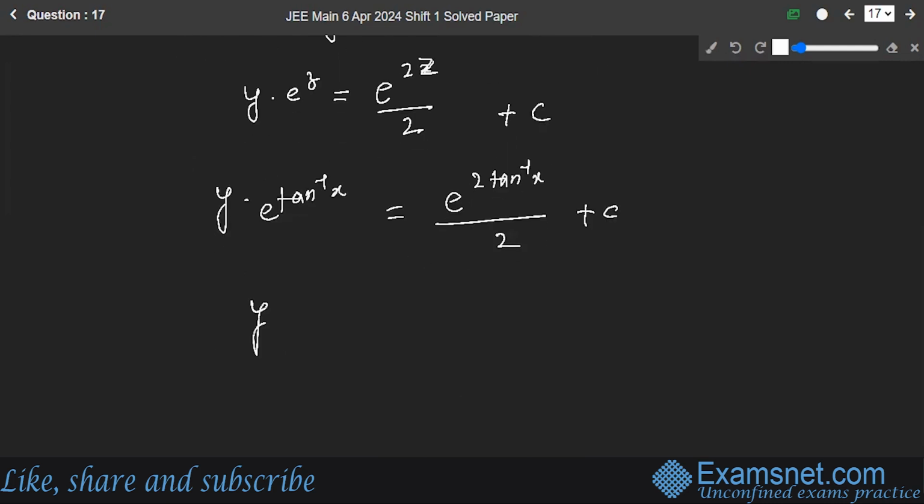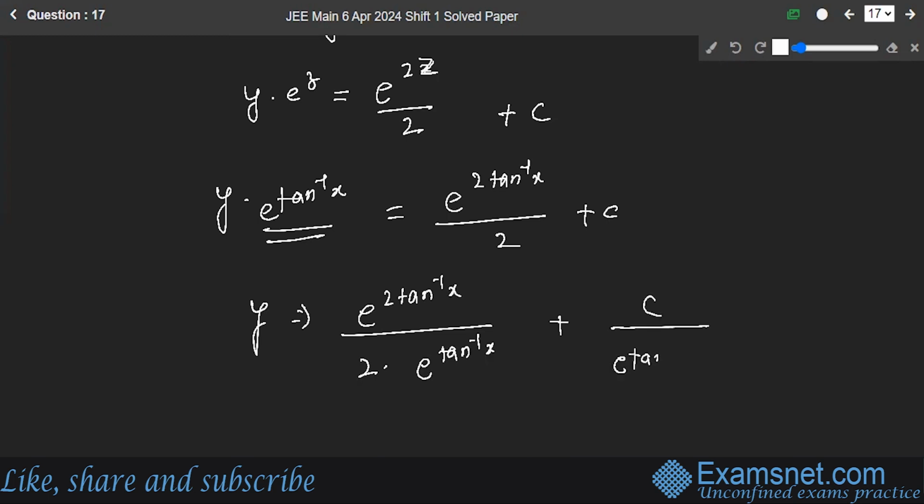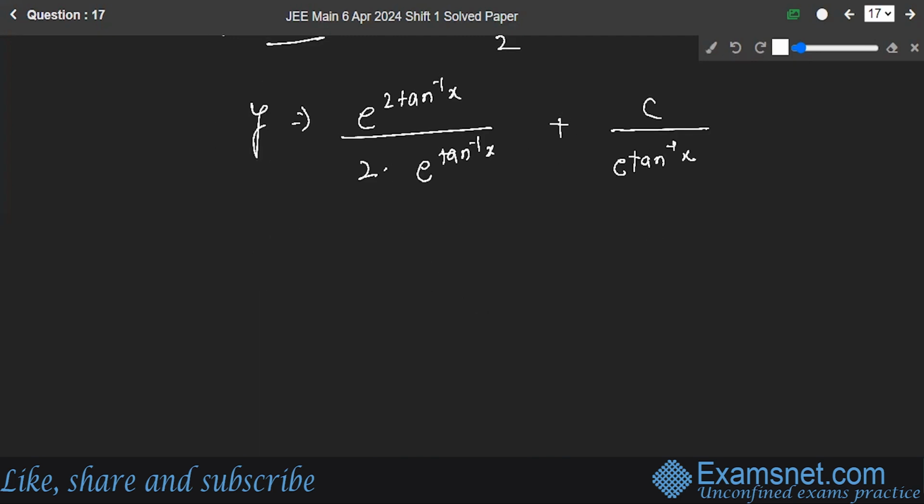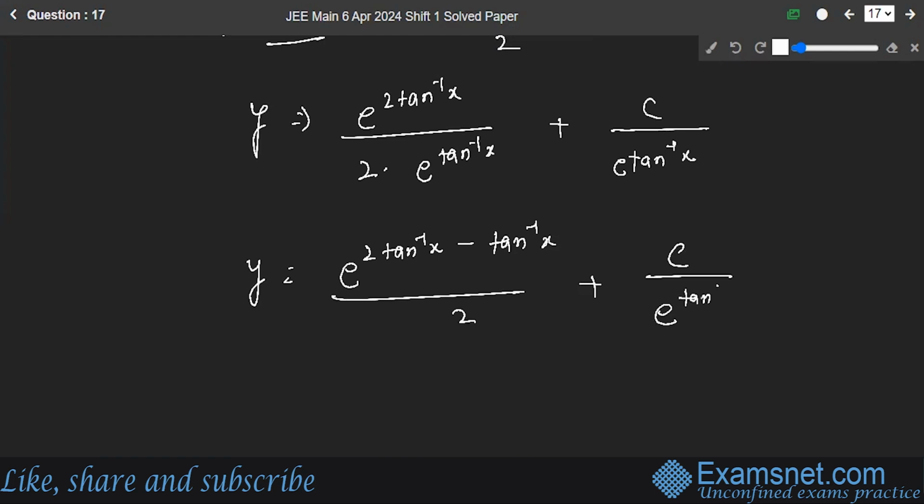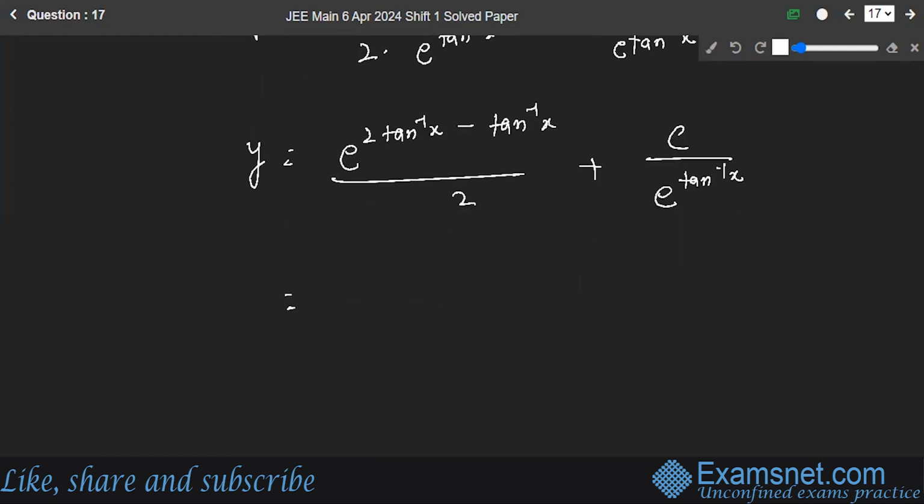Dividing both sides by e raised to power tangent inverse x, you will have y is equal to e raised to power 2 tangent inverse x upon 2 into e raised to power tangent inverse x plus c upon e raised to power tangent inverse x. This will be e raised to power tangent inverse x upon 2 plus c upon e raised to power tangent inverse x. This is your y of x.